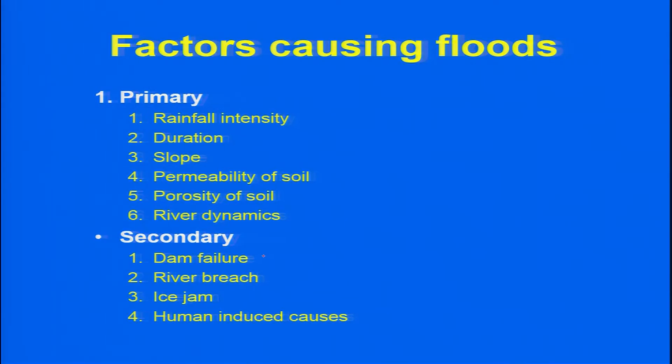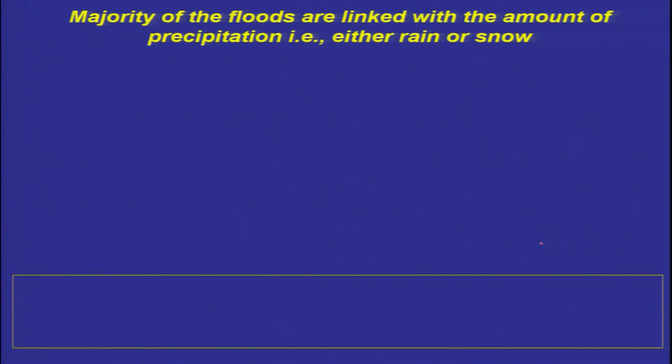So, this also can be considered as human induced flooding events. So, the majority of floods are linked with the amount of precipitation, either water from rainfall or snow melt.